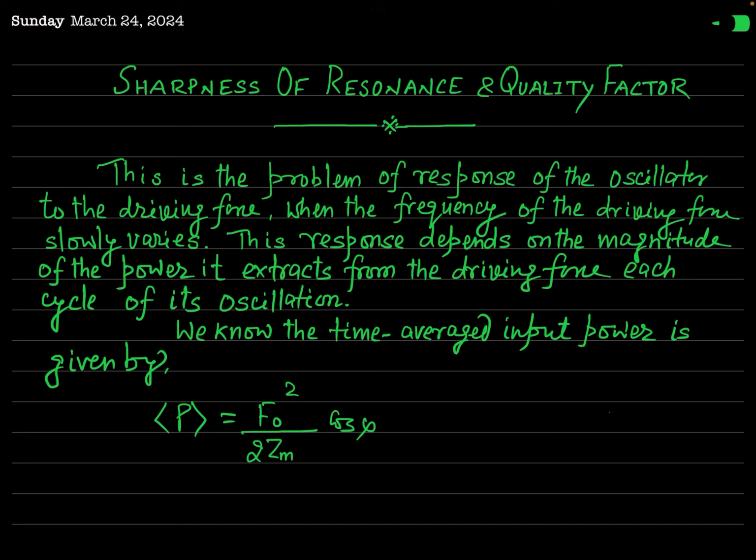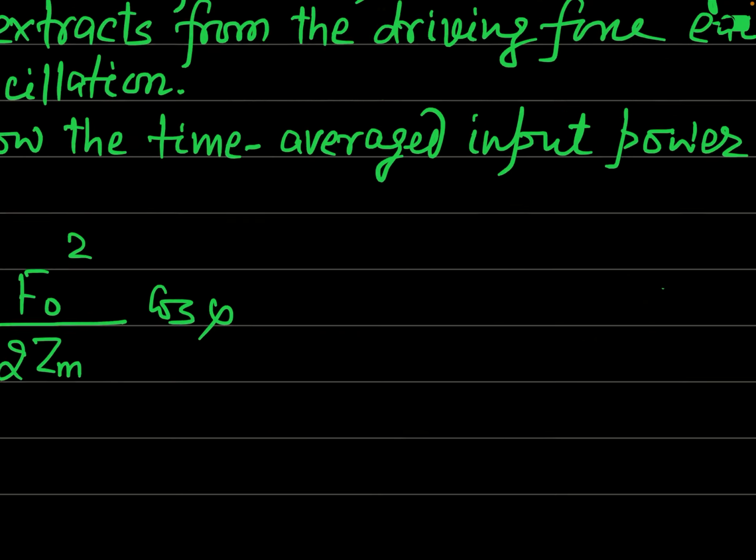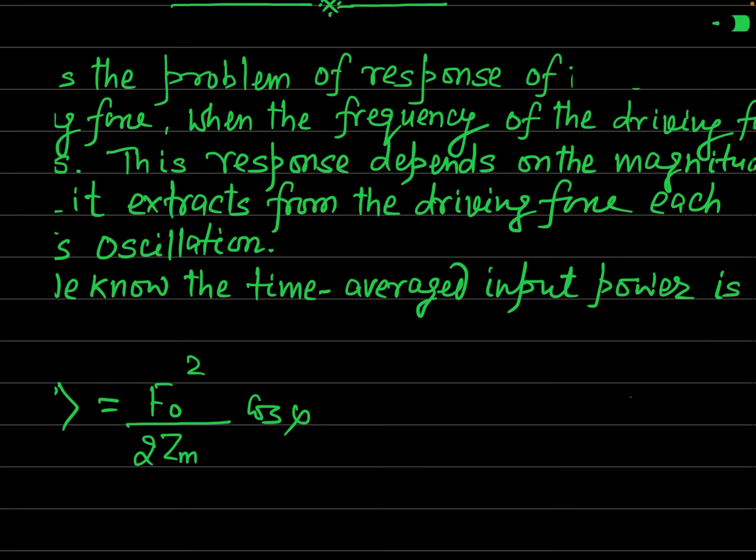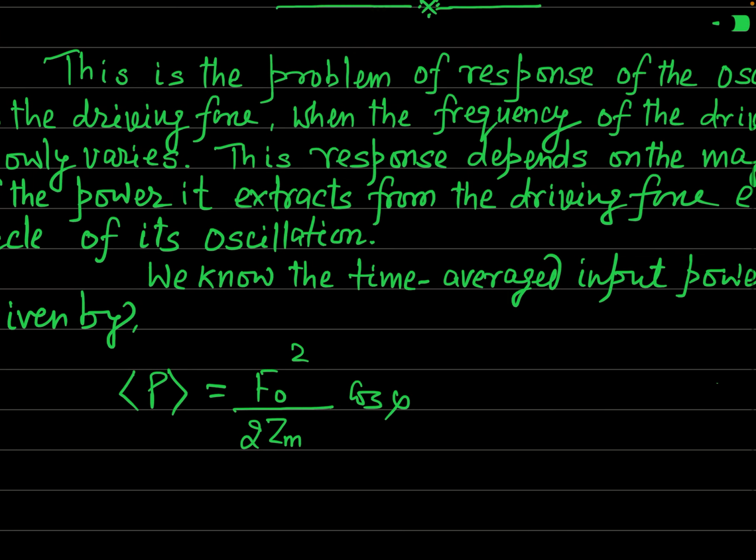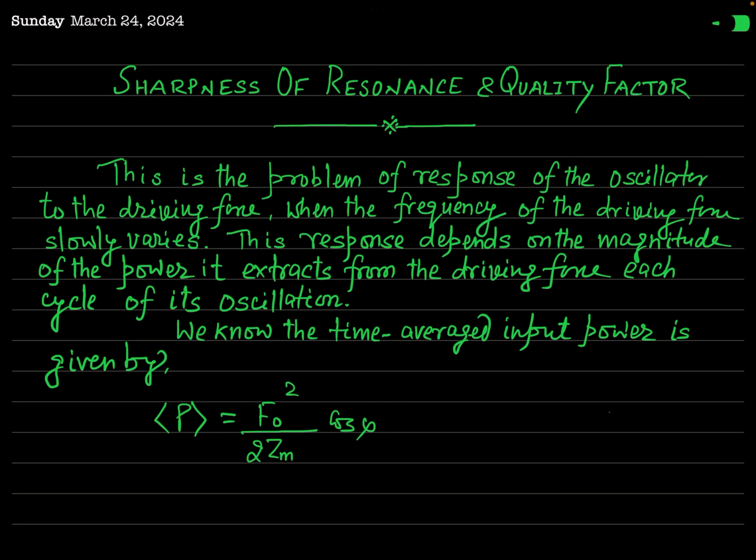And the response given by the oscillator to the driving force depends on the magnitude of the power it extracts from the driving force each cycle of its oscillation. In fact, you have seen that during resonance, our oscillator derives maximum power from the driving force.